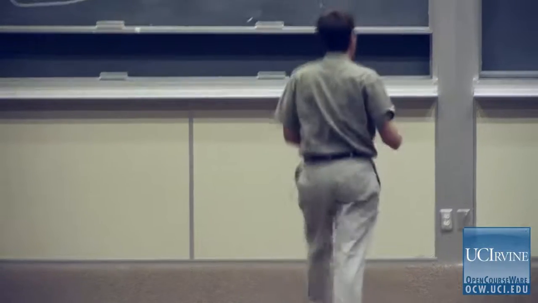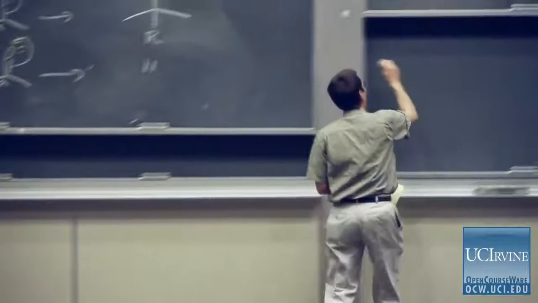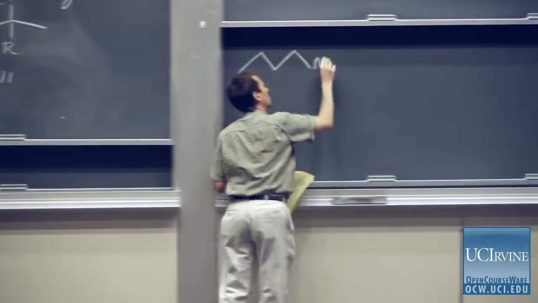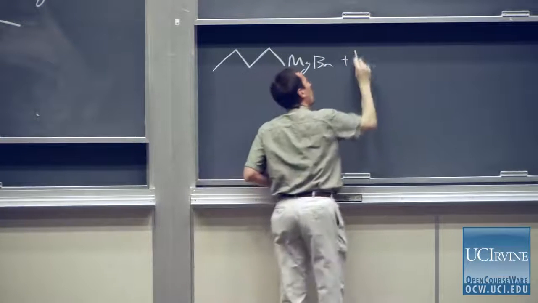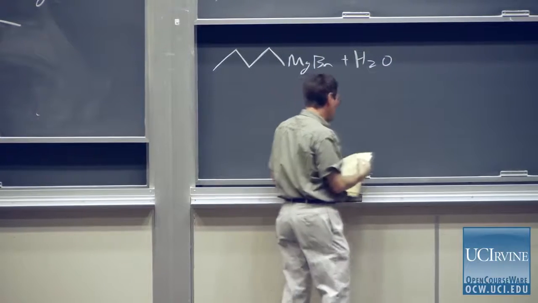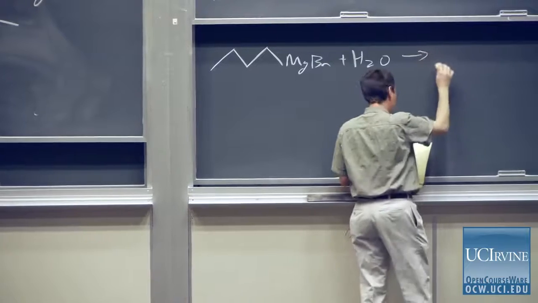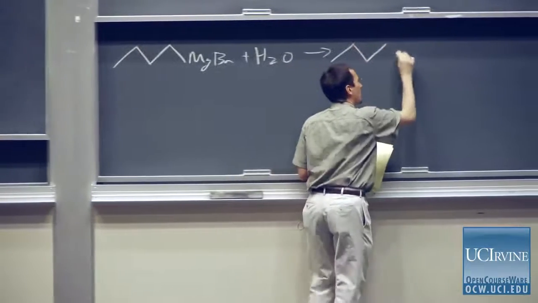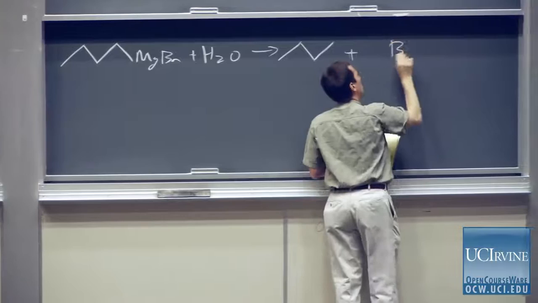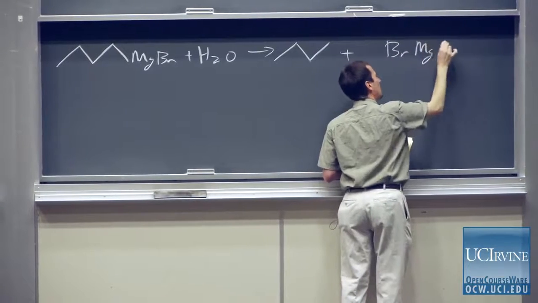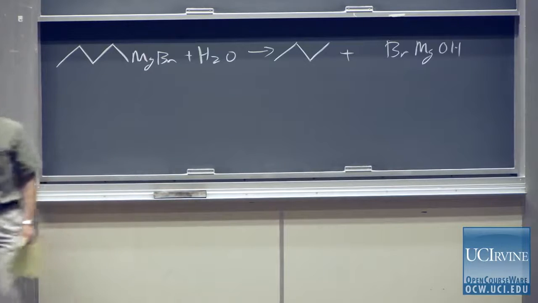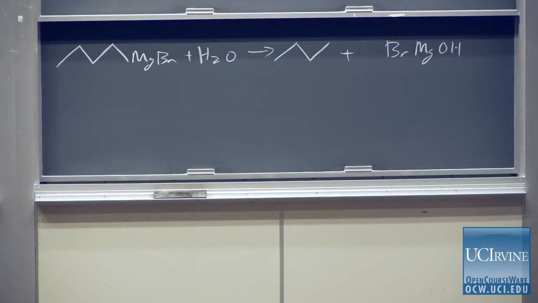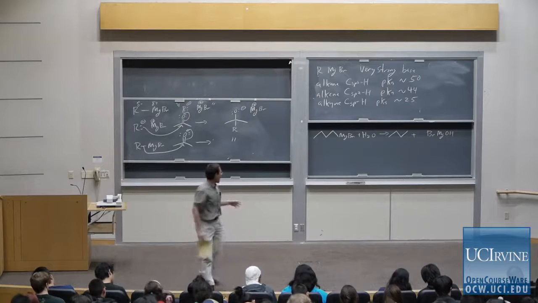A Grignard reagent acts as a base with water, and so if you expose a Grignard reagent like butyl magnesium bromide to water, the water acts like a Bronsted acid, and you get butane and bromomagnesium hydroxide, a mixed salt here. So this is a Bronsted acid, Bronsted base reaction, if you think about it.